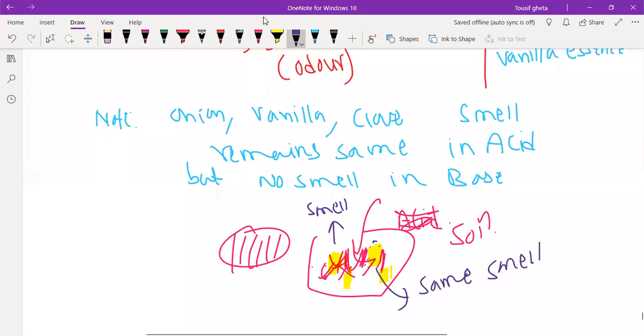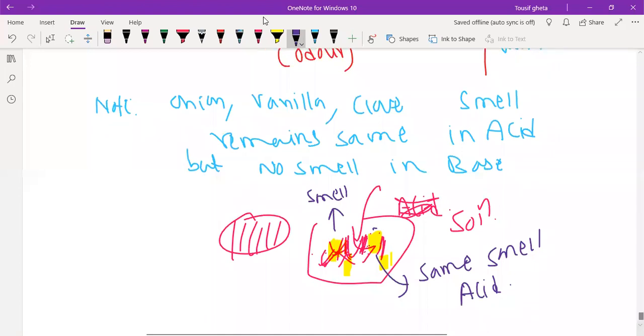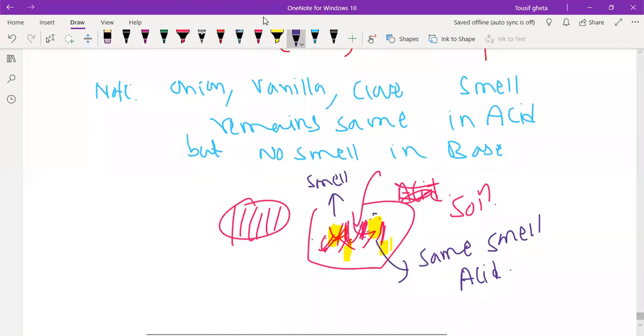If you get the same onion smell, then you should say that the solution your madam gave was acid, because you got the same smell. And if you do not get the smell of onion when you add that solution, then you should say that solution is base. You understood?